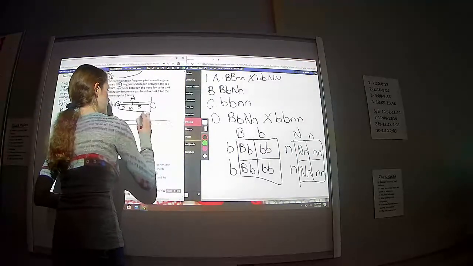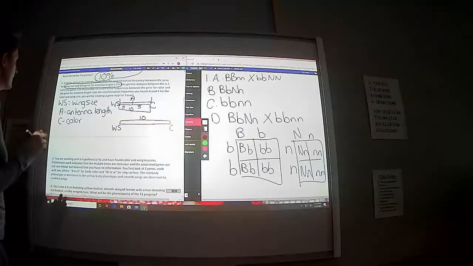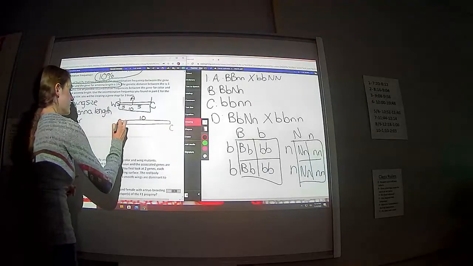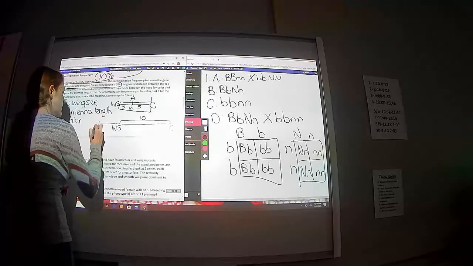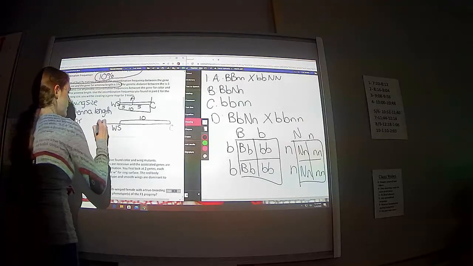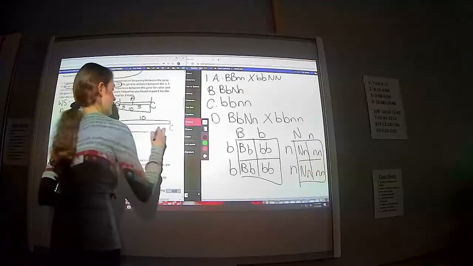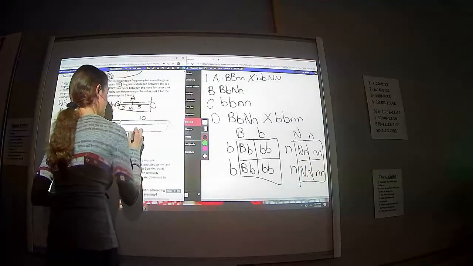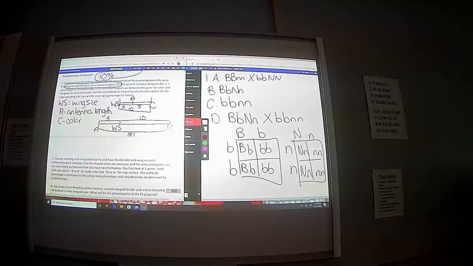We know this is going to be 10, and we know that the antenna length is 5 away. So I could put an A over here, and make this 5. So then the length between antenna and color would be 15. Because we don't know exactly where antenna lies, we have to include both options because it could go either way. Does that make sense to everybody? So that's it for question number 1.